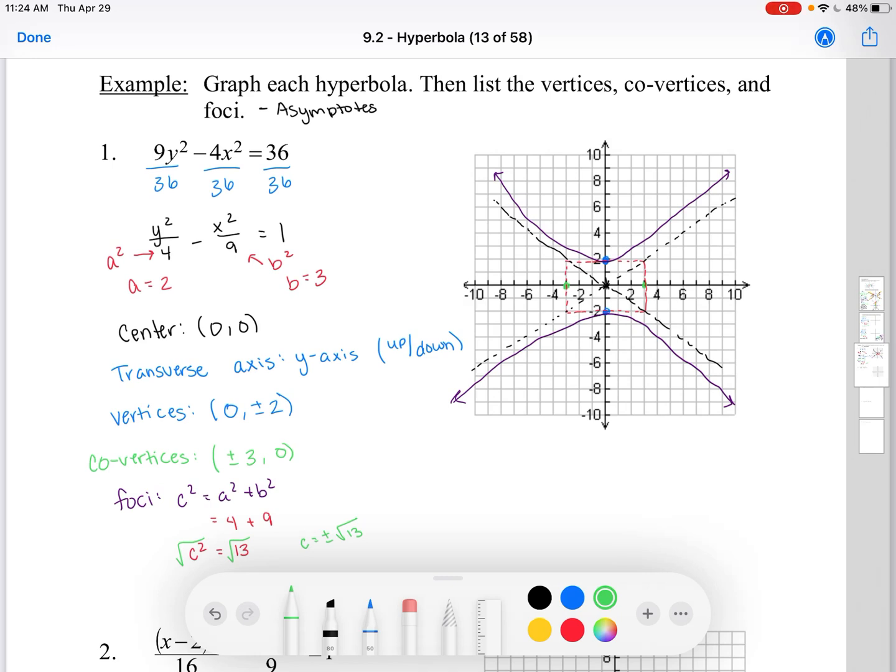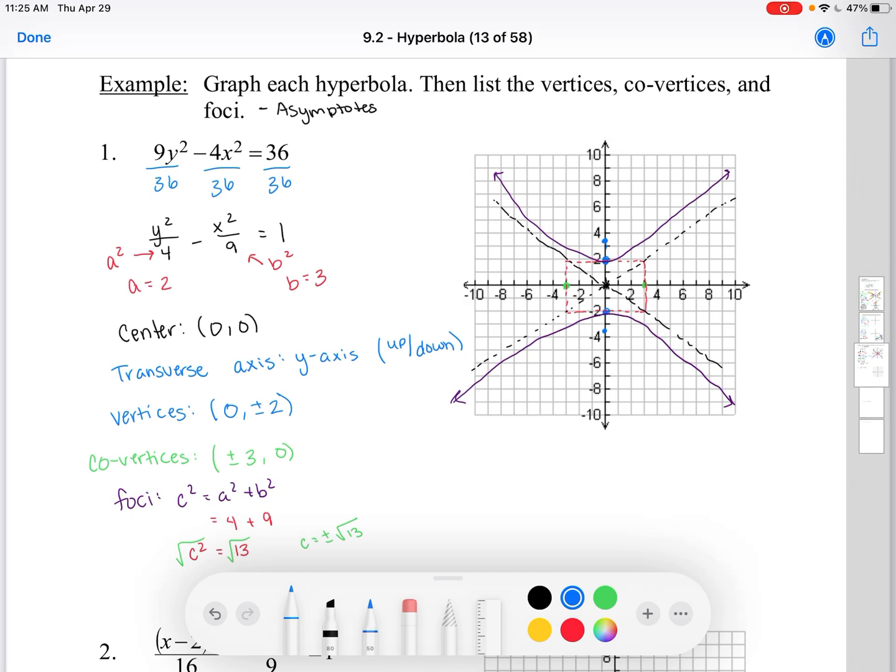Now you can do that in your calculator to get a rough estimate. It's going to be more than 3 but less than 4. So from the center, you're going to go up and down roughly, let's say 3.5 units. And we're going to plot a point. And you'll notice that your foci are both inside your hyperbolas. All right?